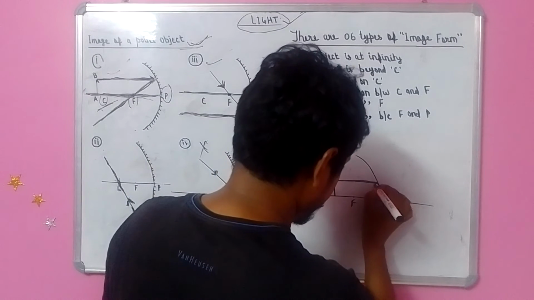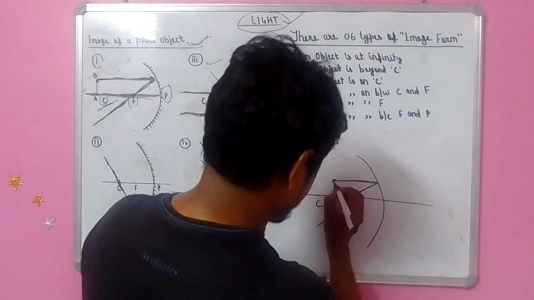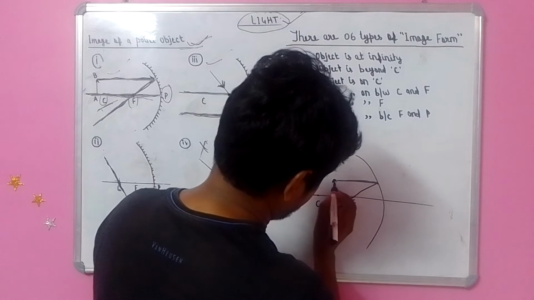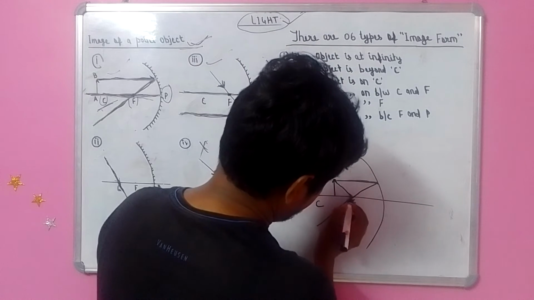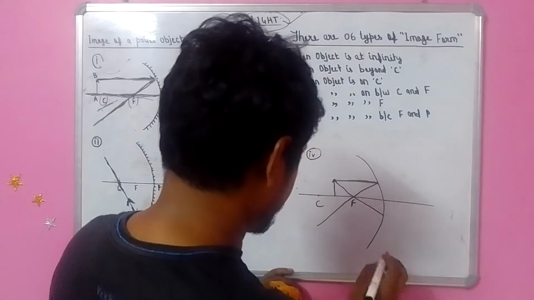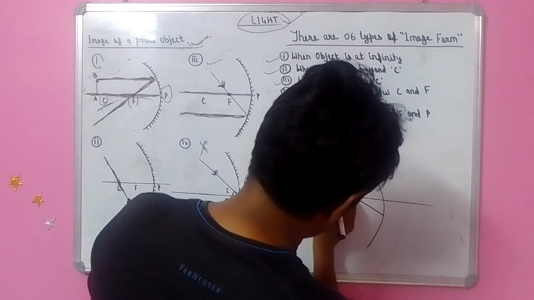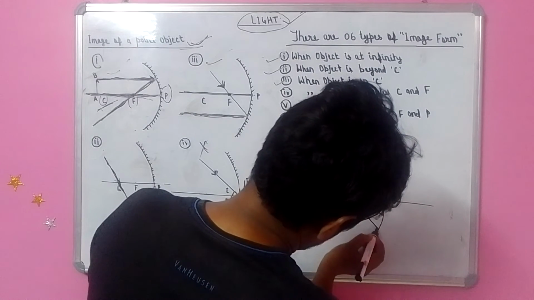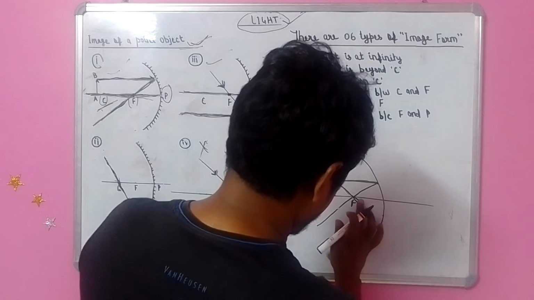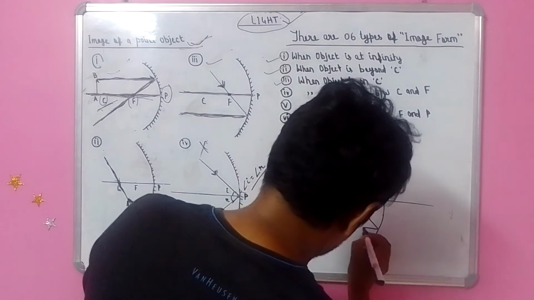After reflection, it will pass through the focus. And second, the light that goes through the focus becomes parallel. We are not able to draw this without a scale.